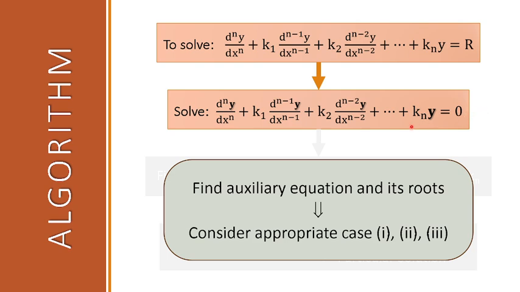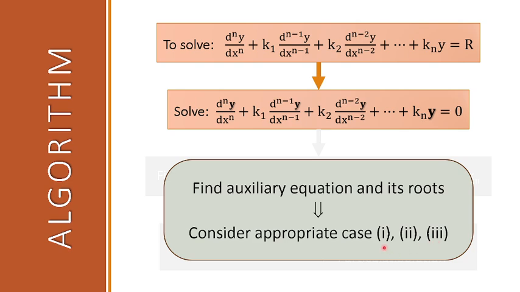We consider y as the dependent variable, and we take the y outside. We substitute d^n/dx^n by capital D to the power n, and we consider the appropriate cases 1, 2, 3. In order to understand what cases 1 to 3 are, please go back to the previous video and have a look at them.